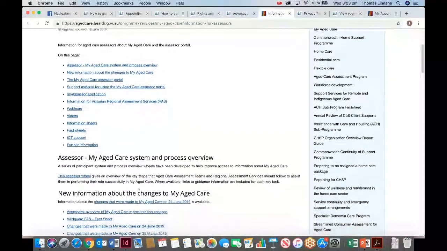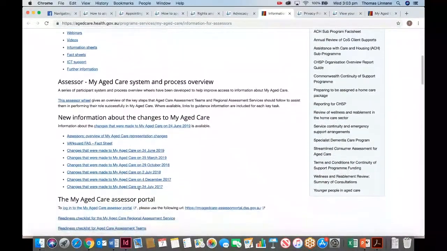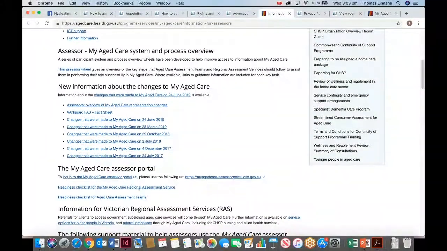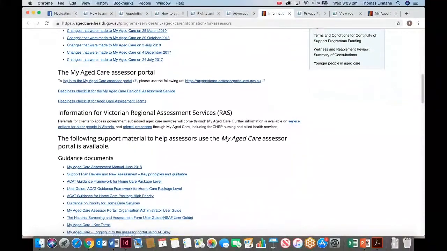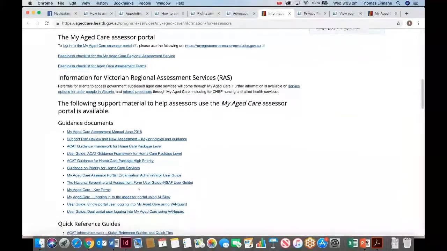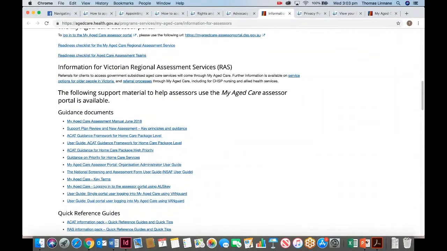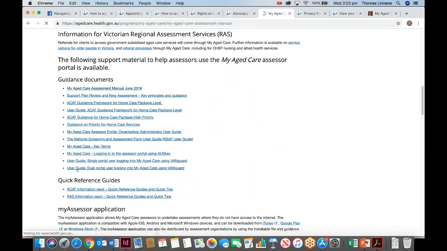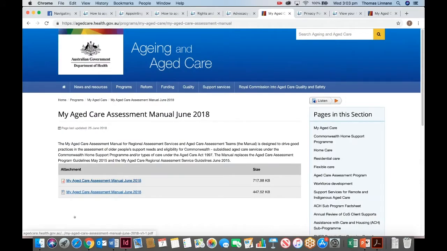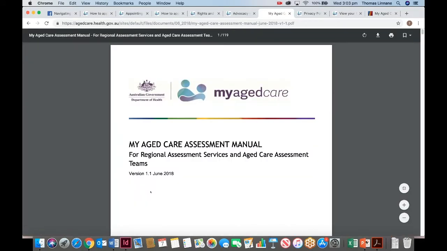The My Aged Care website is really for the consumer, and it has things in language that is very consumer friendly. And then we go to the workforce language and guidance documents. So it's just for people that are interested to dig a little deeper on what an assessor does. We just make people aware of it.